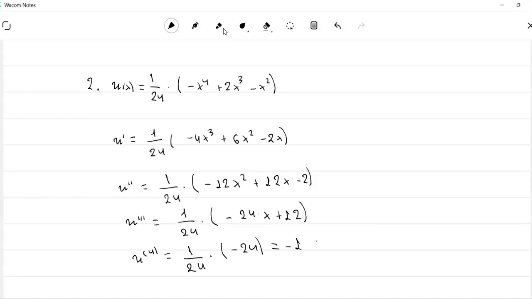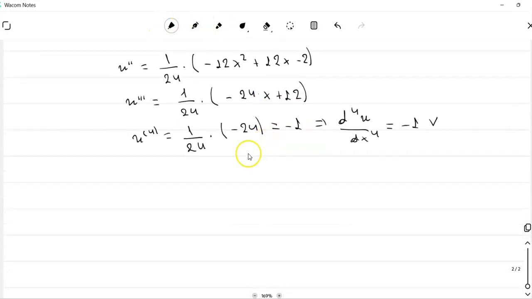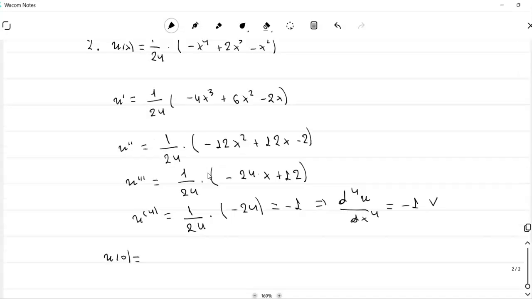This is minus 1, so I have the fourth derivative of u with respect to x is minus 1. So my function satisfies the biharmonic equation.